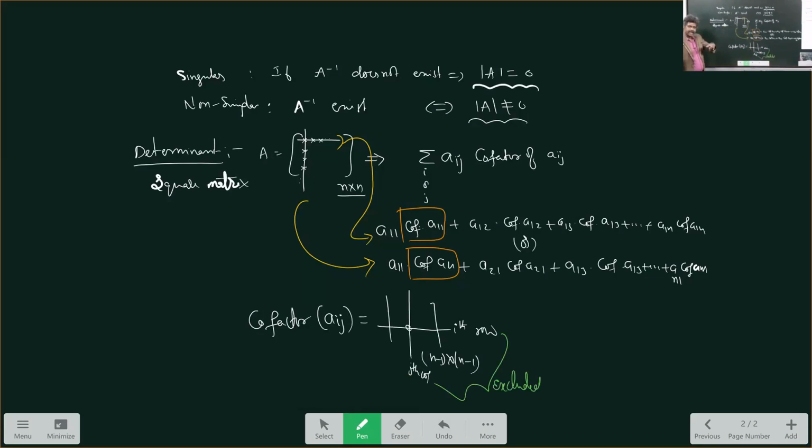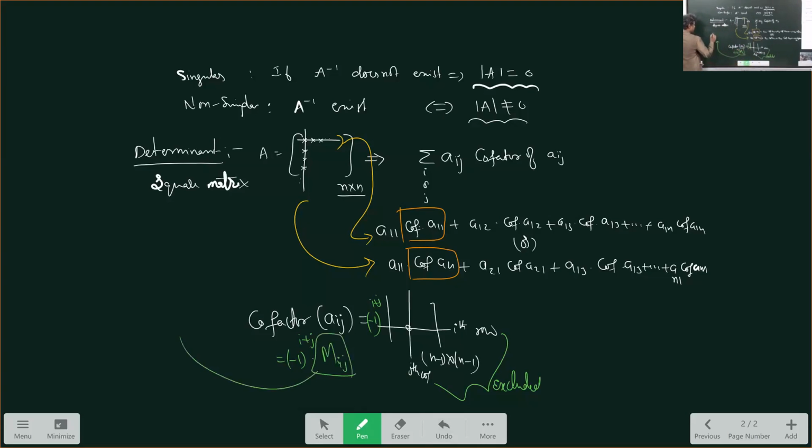Then the given matrix is n by n, and the resulting one will be n minus 1 cross n minus 1, whose determinant is multiplied with minus 1 to the power of i plus j. So the cofactor of Aij is nothing but minus 1 to the power of i plus j into Mij. What is this Mij?